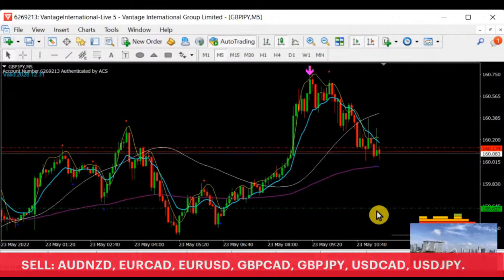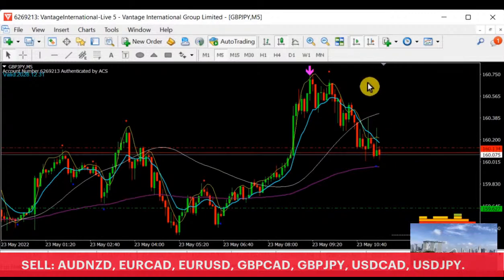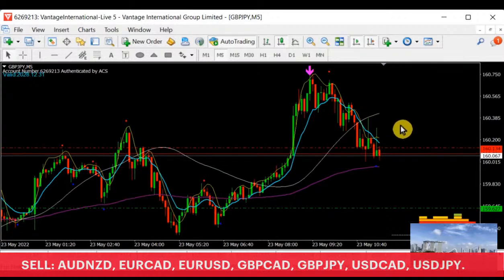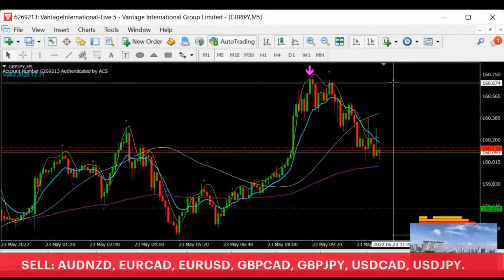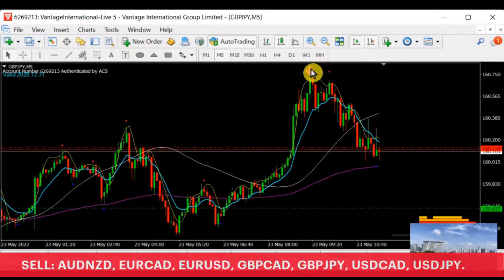So what I'm going to do is that if I enter a trade over here, I'm going to just grab 5 pips and that's it. So over here, where will be the stop? A stop usually, for such an entry over here, we are actually from here to here already. So this is the highest resistance, right?